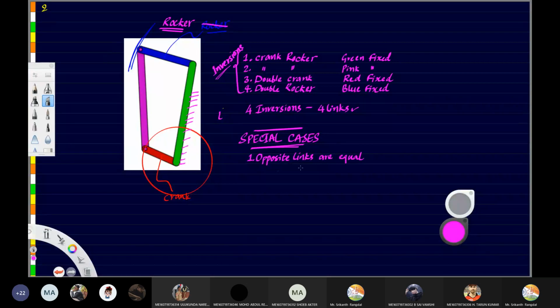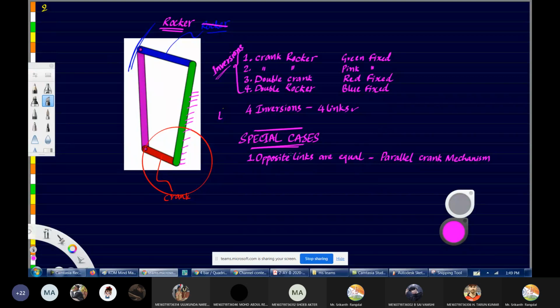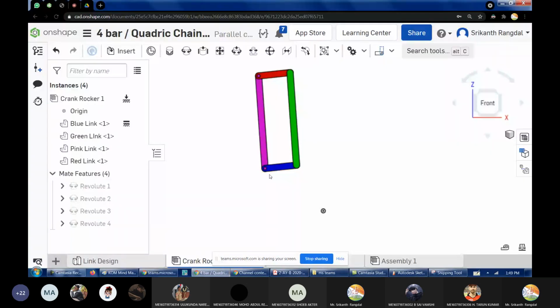So when opposite links are equal, this mechanism is called a parallel crank mechanism. Is this clear? Parallel crank mechanism. So when the opposite links are equal in length, the mechanism that we get is called the parallel crank mechanism.